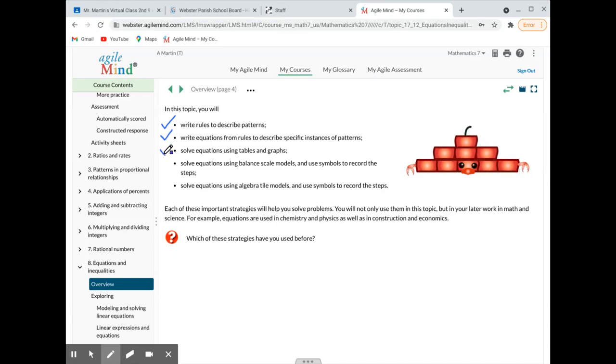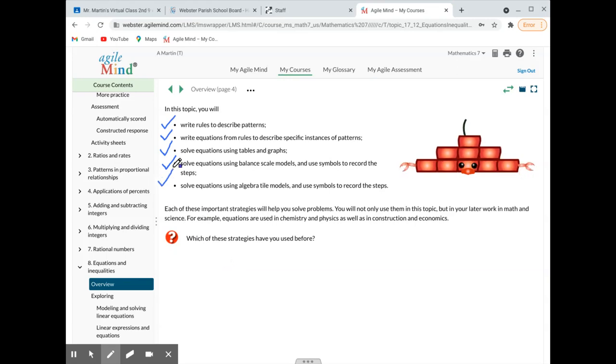Yes. Have we solved equations using balance scale models? Kind of, sort of, yeah. We've definitely discussed using balance scale models. And we have used symbols to record the steps because we have done that. Have we solved equations using algebra tile models?